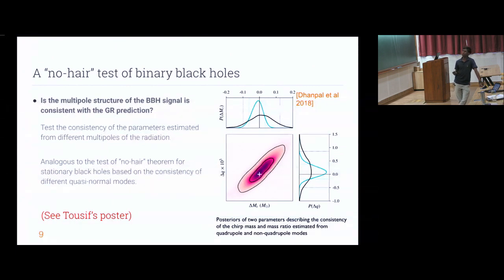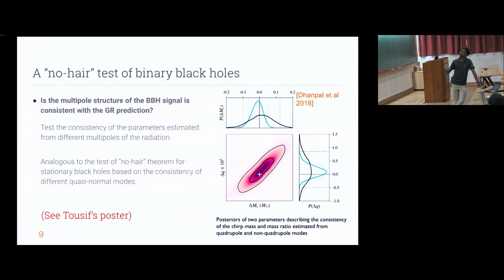We have the data, then we estimate the parameters of these events using different modes of the waveform and check for the consistency. This is analogous to a no-hair test that is actually based on consistency between different quasi-normal modes.